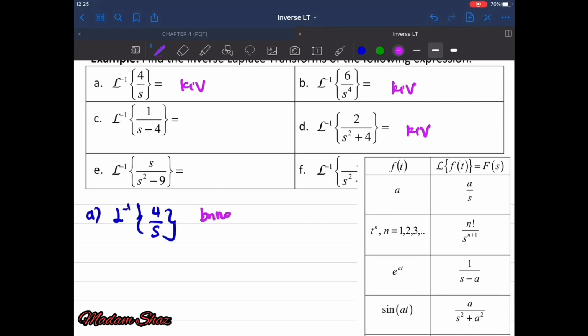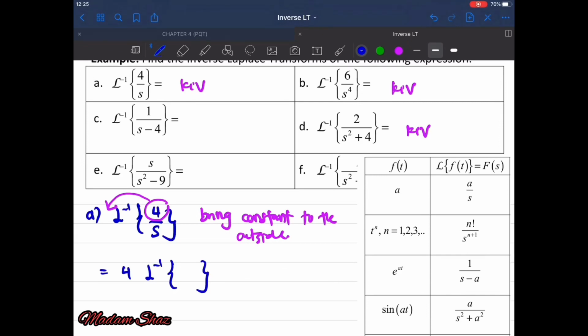Okay, so first bring the constant to the outside. So you have 4 here. Constant 4 brought to the outside: 4 Laplace inverse. When we bring 4 to the outside, the upper side here will become 1. 1 over s. So now refer to the table of the Laplace transform.